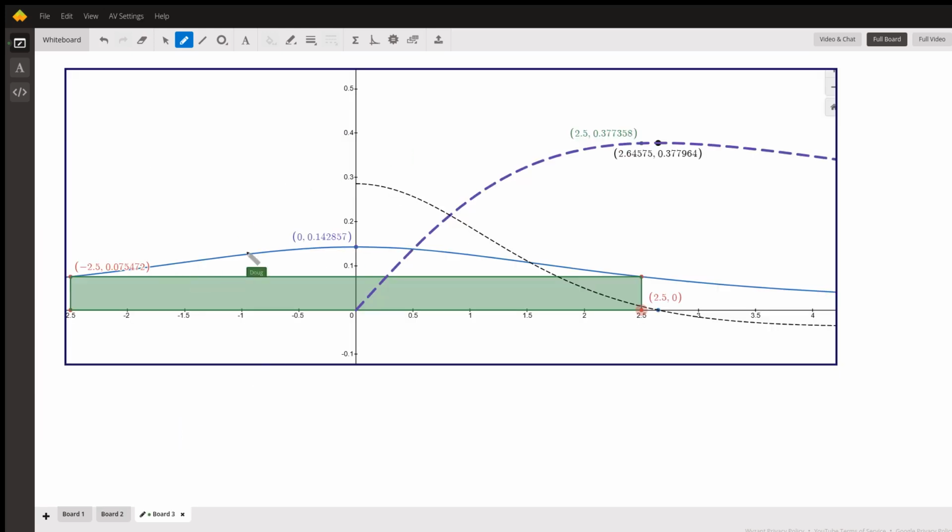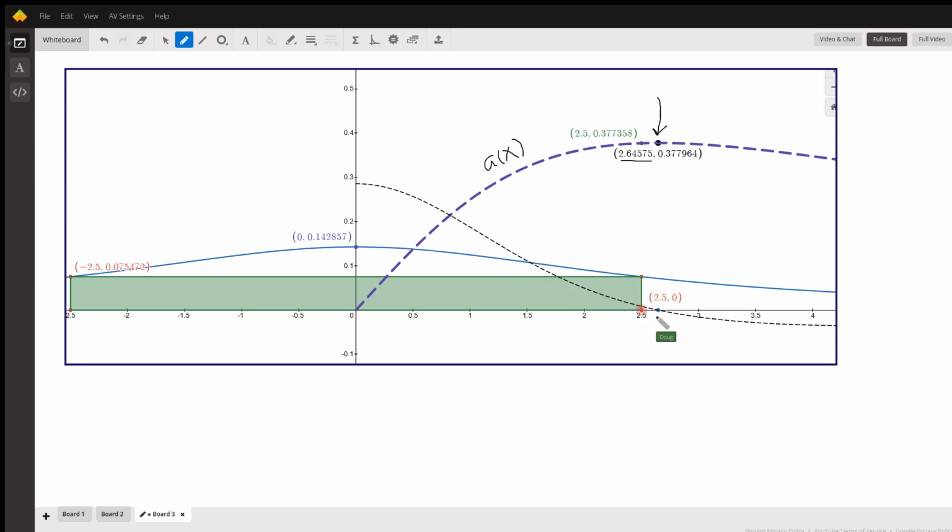Board 3, I just added a couple pictures here. This purple dashed line right here is actually the graph of A of x. And you can see that it appears to reach a maximum right here, which is the square root of 7 approximately. And this little black dashed line is the graph of A prime.